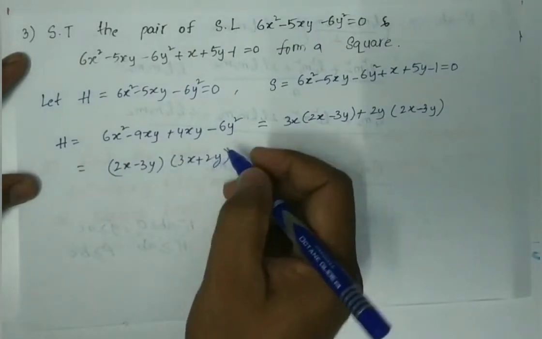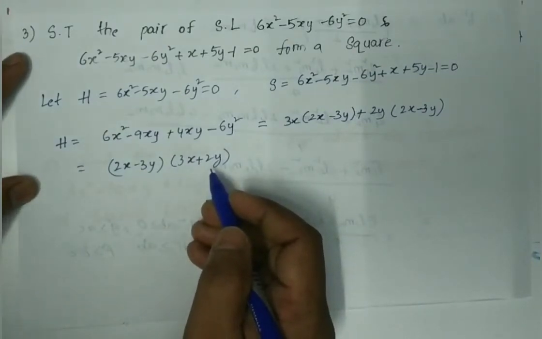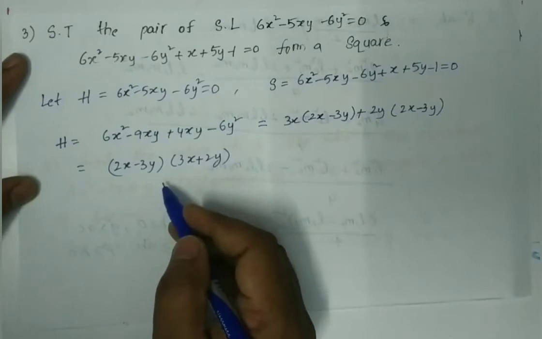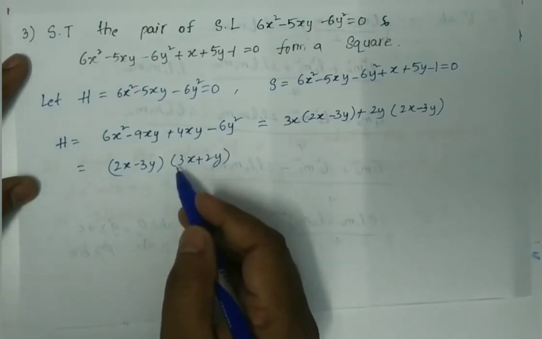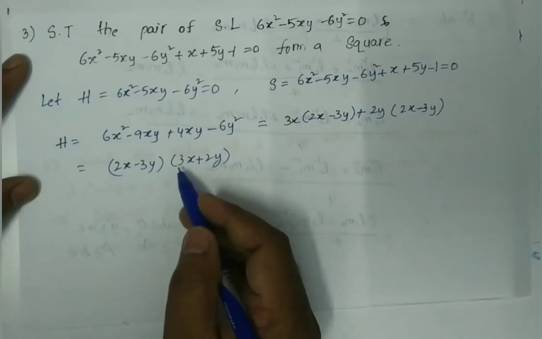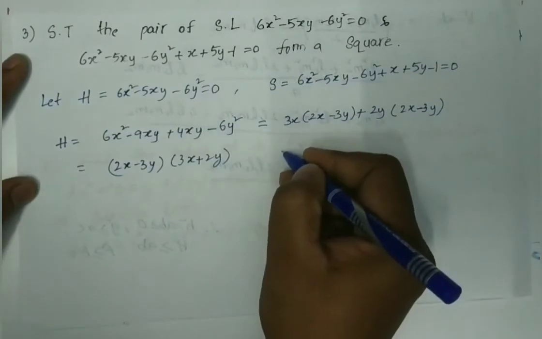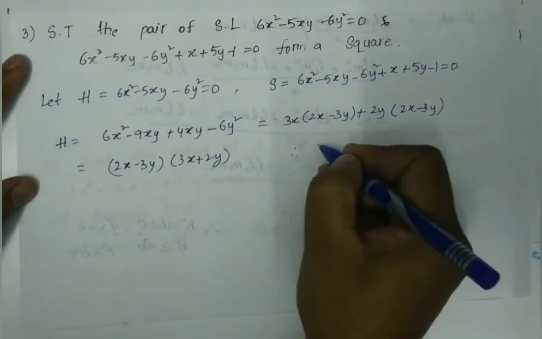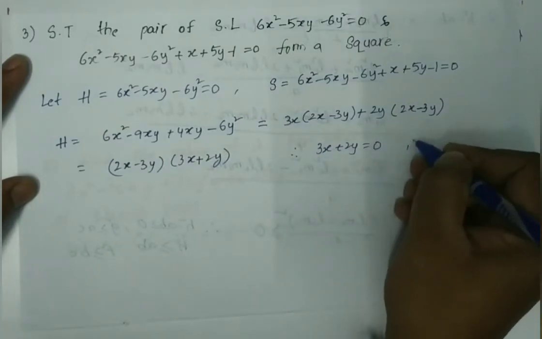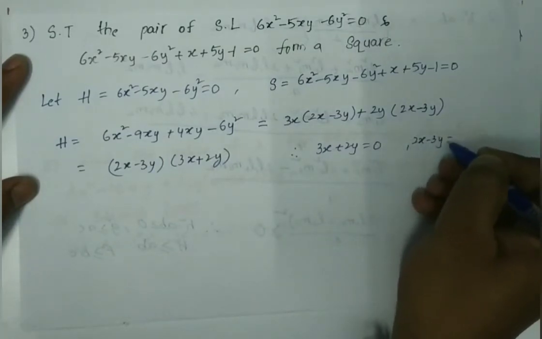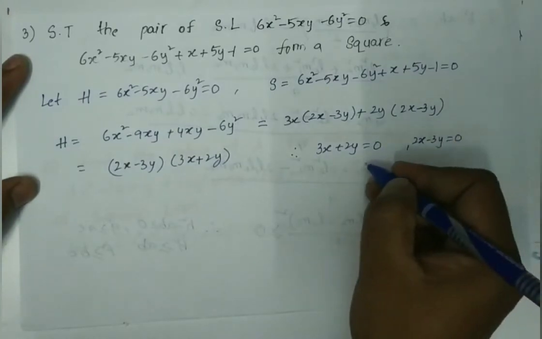Therefore 3x plus 2y is equal to 0 and 2x minus 3y is equal to 0 represent the pair of straight lines represented by the equation H is equal to 0.